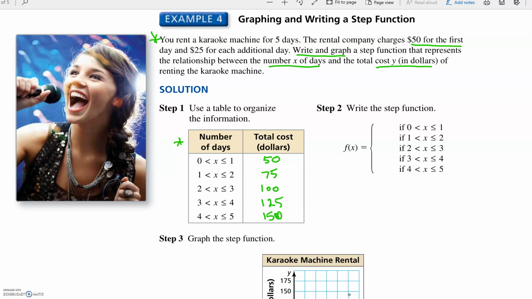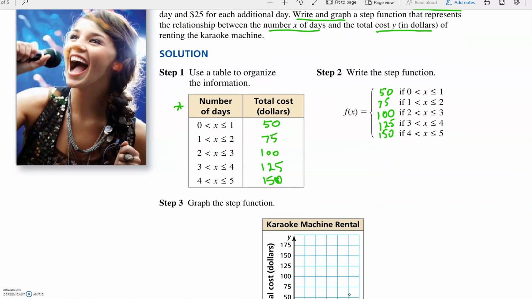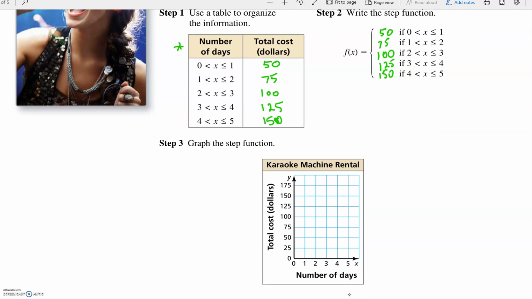If we write the function, it's going to be 50 if x is between 0 and 1, 75 if x is between 1 and 2, 100 if x is between 2 and 3, 125, and 150. That's what our function looks like with the equation. And then we're going to do a graph.